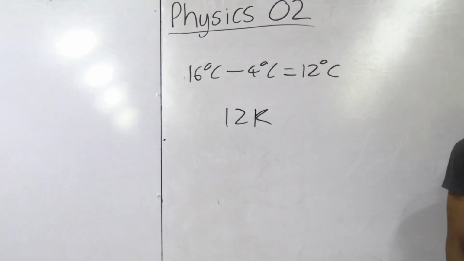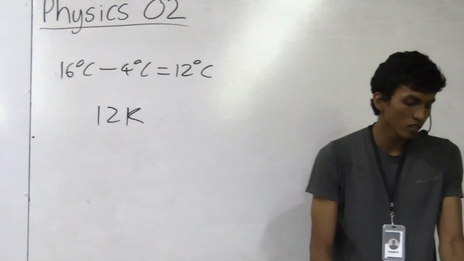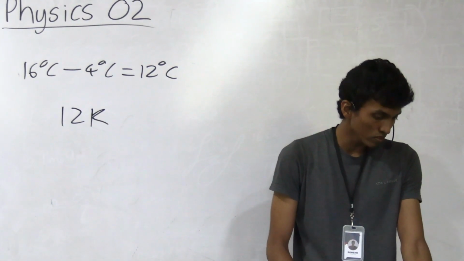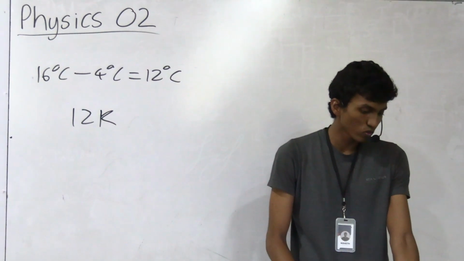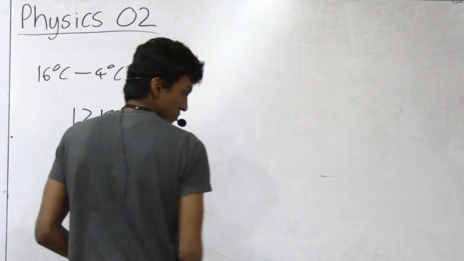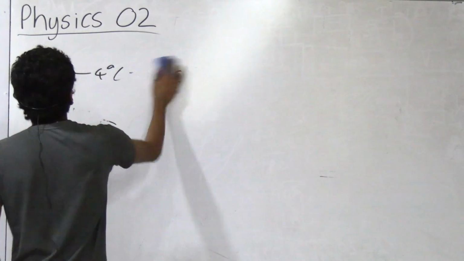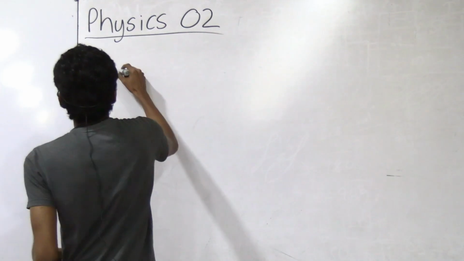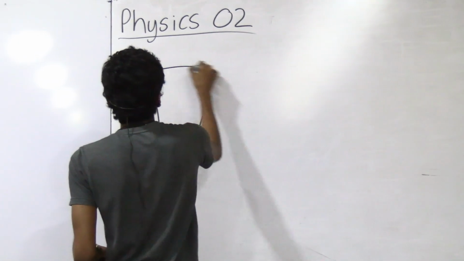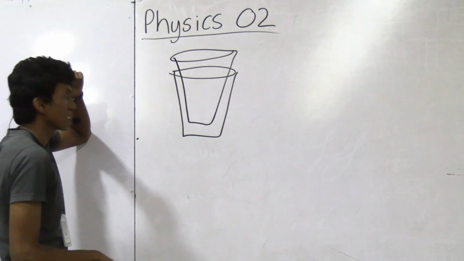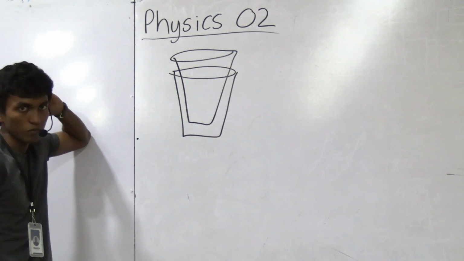Question number 2. As shown in the figure A, the glass Q sticks inside the glass P. Which of the following strategies is suitable to separate the two glasses easily? They have given us a diagram that looks like this. There are two glasses that are just stuck inside of each other. They are asking what we should do to separate them.